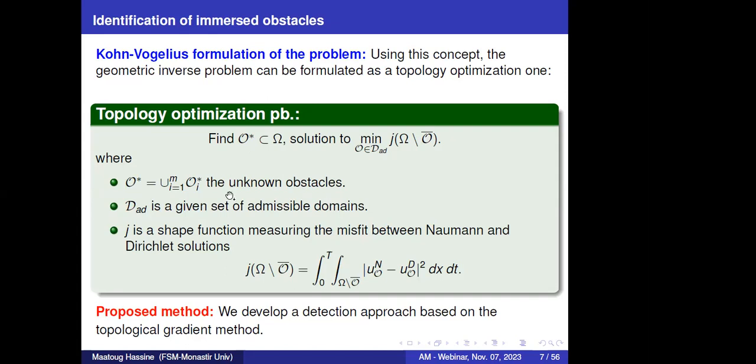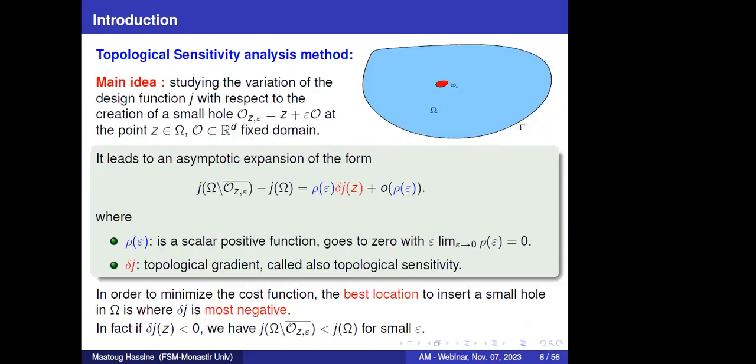So to solve this topology optimization problem, we will develop an approach based on the topological gradient method. The main idea of this technique consists in studying the variation of the design function with respect to the creation of a small hole inside the computational domain.